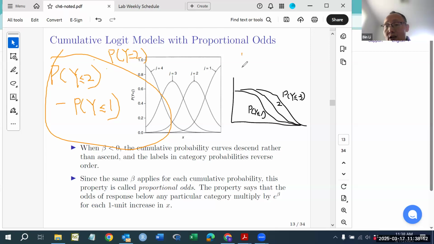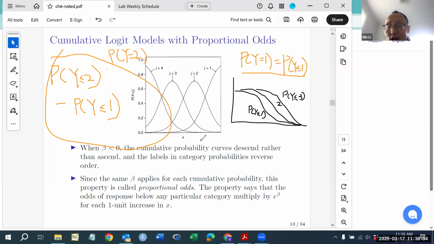So you may ask how to get the probability of y equals 1. That is exactly equal to the probability of y less than or equal to 1. Does that make sense? Because the smallest is 1. This one is this, right?